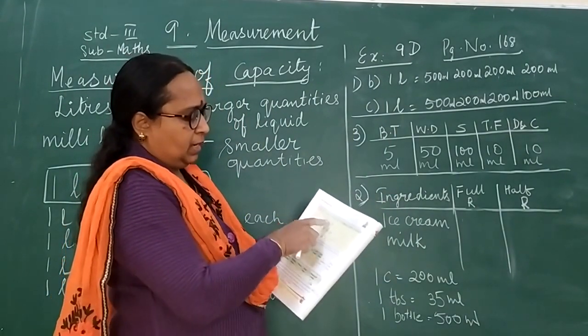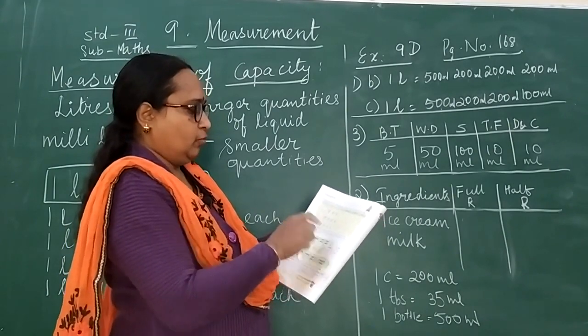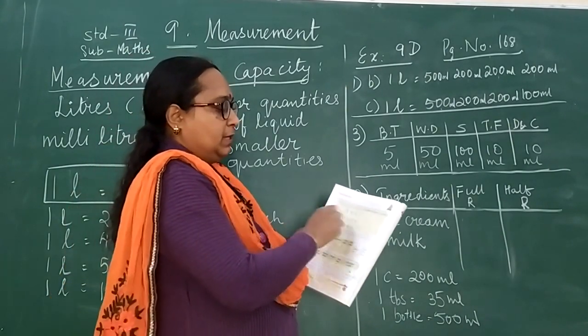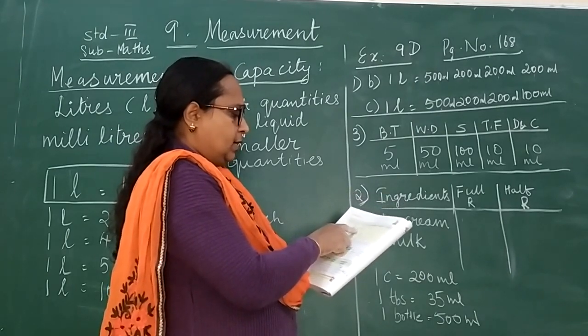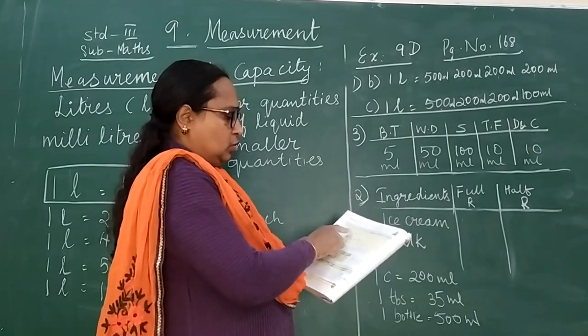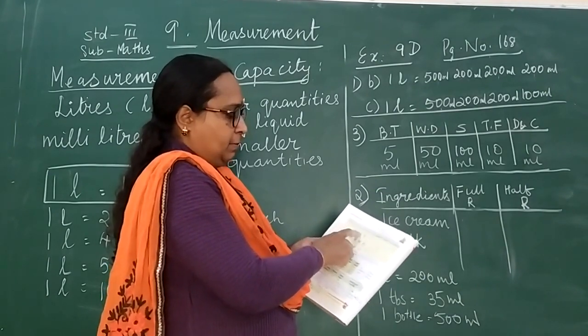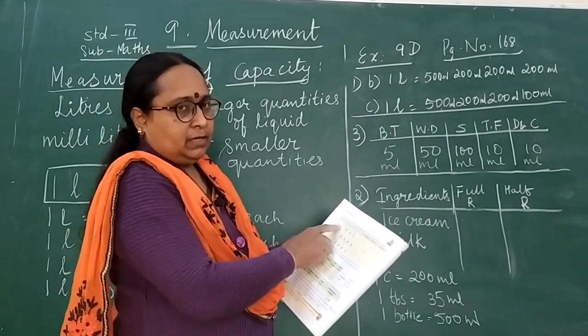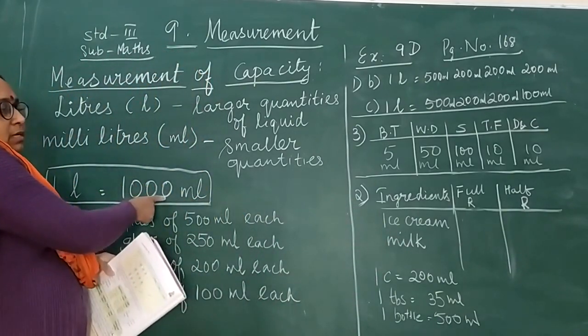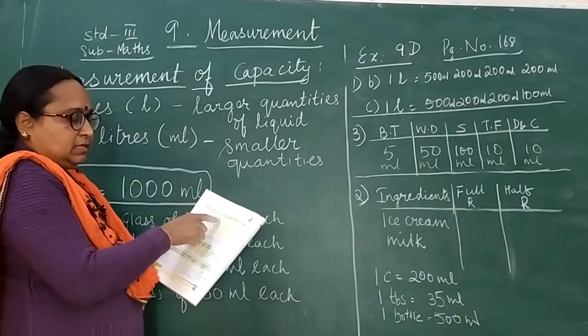So here you have 3 glasses, then 4 glasses, again 4 glasses. So 1 has been done for you. You have a 1 liter jug, and 200 ml, 200 ml and 200 ml. So 200 plus 200 plus 200, you have 600 ml. Is it 1 liter? 1 liter means you have to have 1000 ml.